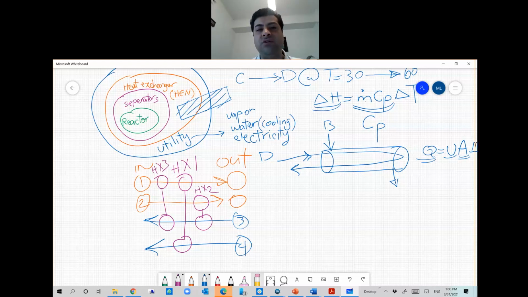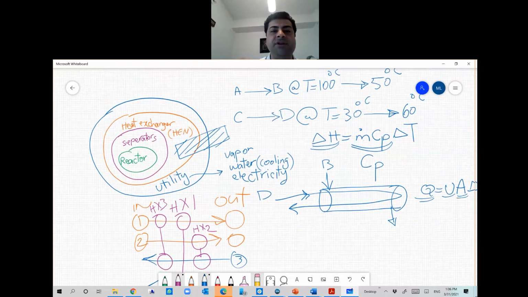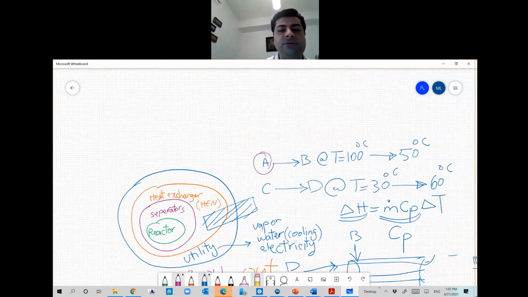But so far, I'm just giving you this introduction: when we talk about a heat exchanger network in a process, we are talking about process stream to process stream heat exchange. But let's say that now you have one process stream, for example, stream A, the stream of the reactant A that we discussed. Let me show you here.